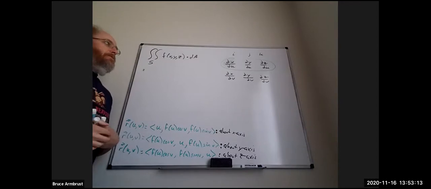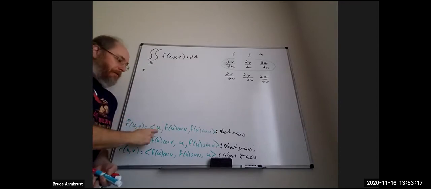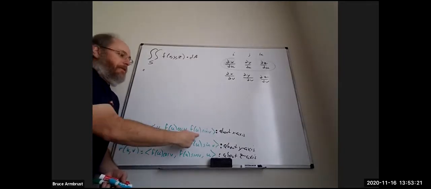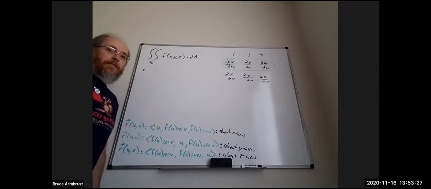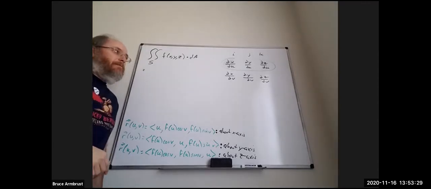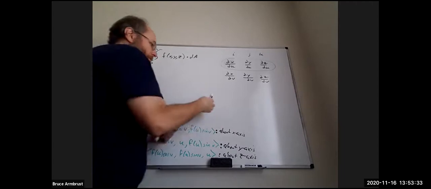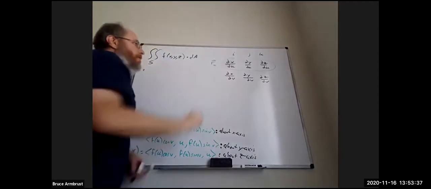Think about what we're doing: we're taking the derivative of the first piece with respect to u, then the second piece with respect to u, and then the third piece with respect to u. Well, it's not quite the gradient, but it's just the derivative of r with respect to u. This row right here is r_u.